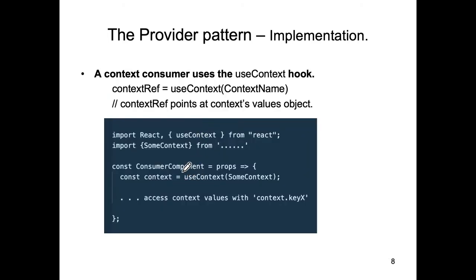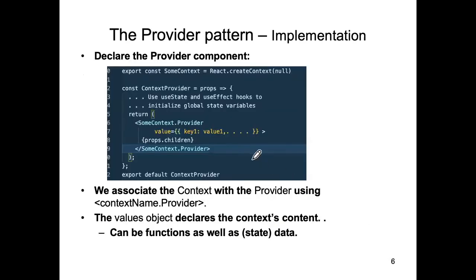So whatever this returns back to me, context here, inside this component, I can do context dot key. Access context values with context dot key. So context dot key here would be whatever keys you have defined here.